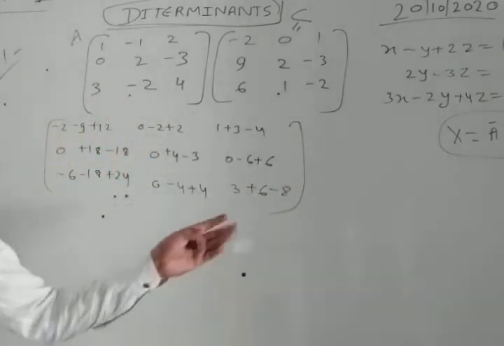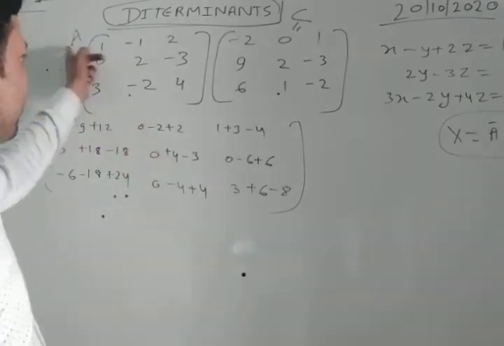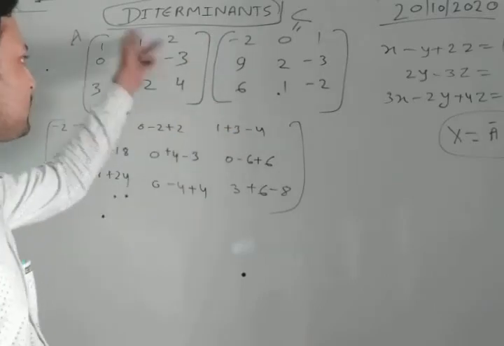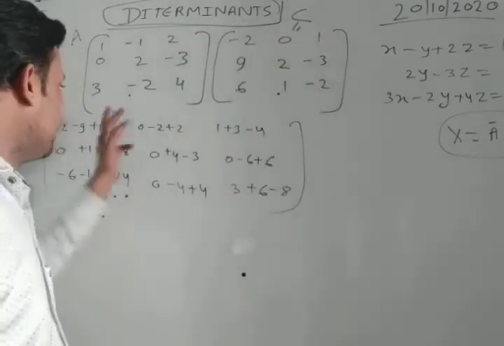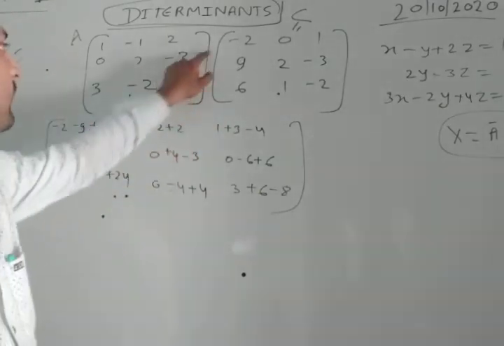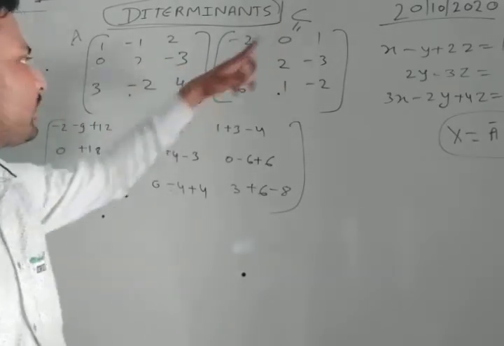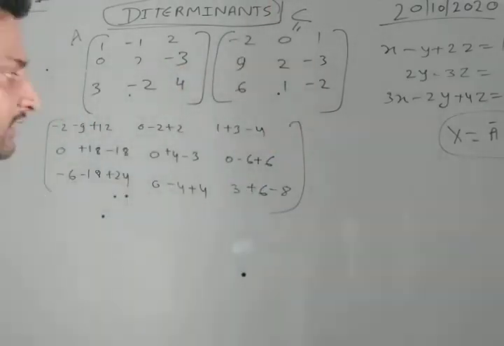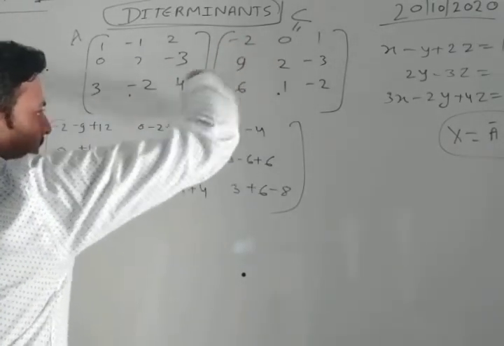You know how we multiply: first row first column, first row second column, first row third column, then second row with each column, and in the same way third row with each column.